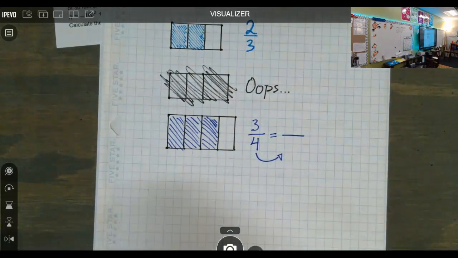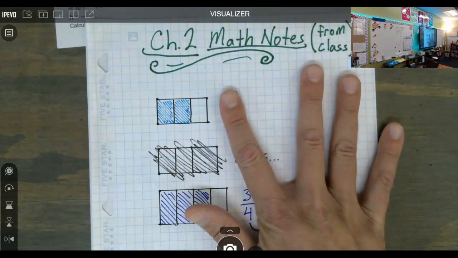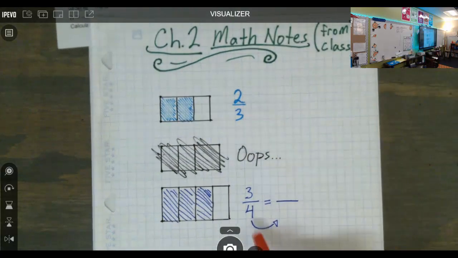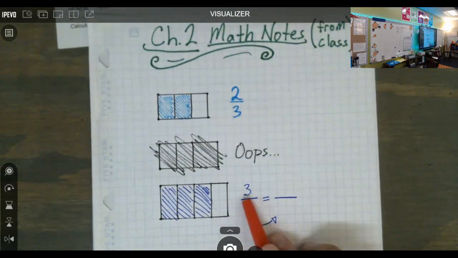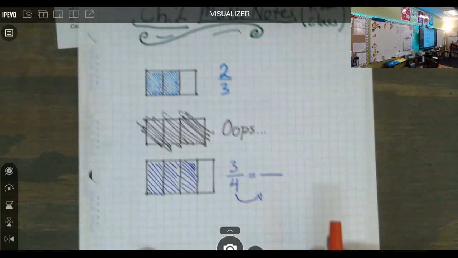Hey, first things first, because this is a paper that you're going to keep in your binder and might use over and over again. When we are changing a fraction to another fraction, what are the only things we're allowed to do?